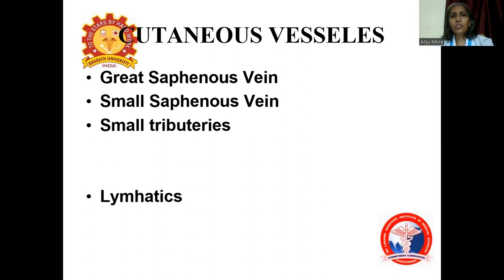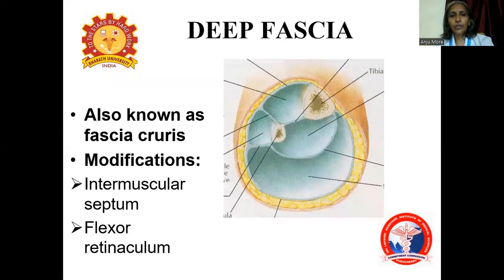Now the veins which are present in this region in the subcutaneous tissue are the great saphenous vein, the small saphenous vein, and other small tributaries. This region also shows the lymphatics which will carry the lymph to drain into the lymph nodes located in the popliteal fossa.